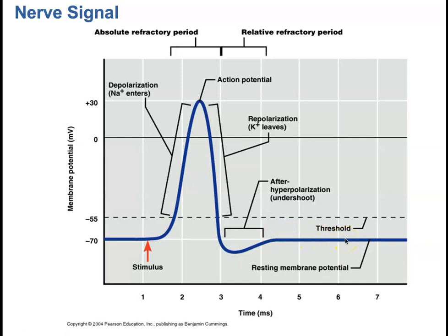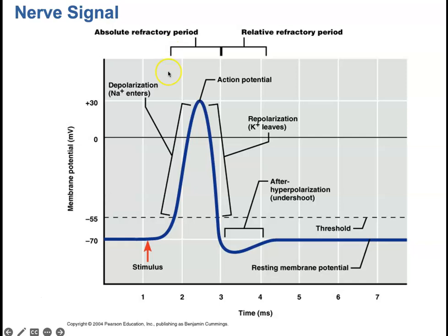What you're seeing here is the actual electrical activity of what happens with the neuron. I know it kind of looks like an EKG, and what you see on an EKG is the actual electrical activity of what takes place in the heart. Here it's the electrical activity occurring within a neuron. Then up here you see what's called the absolute refractory period and relative refractory period, which you'll see again when we talk about the heart.